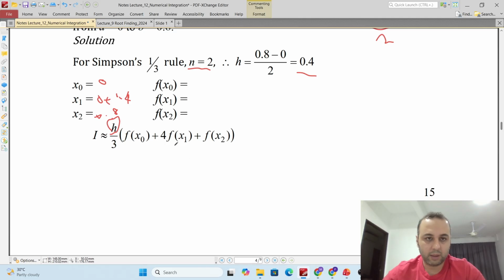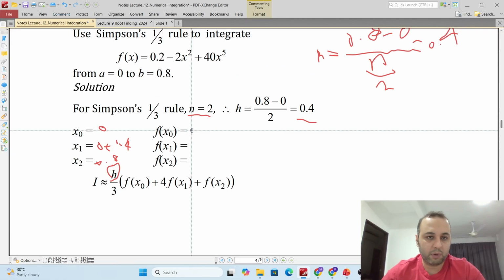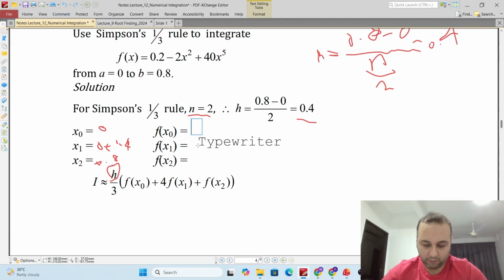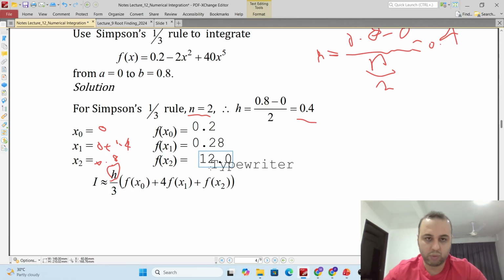Okay, after substitution of each point inside the function, we will have 0.2 here, for the x1 we will have already calculated 0.828 and the last should be 12.02, right?